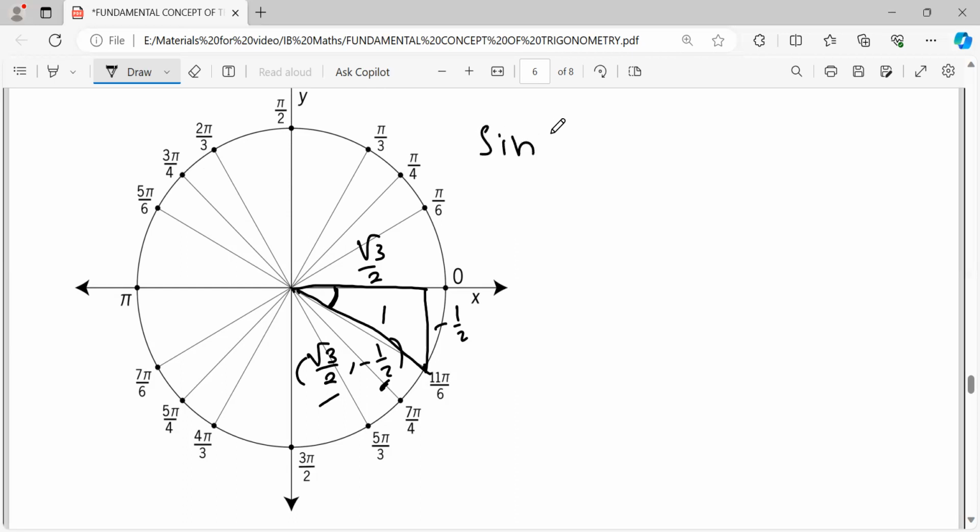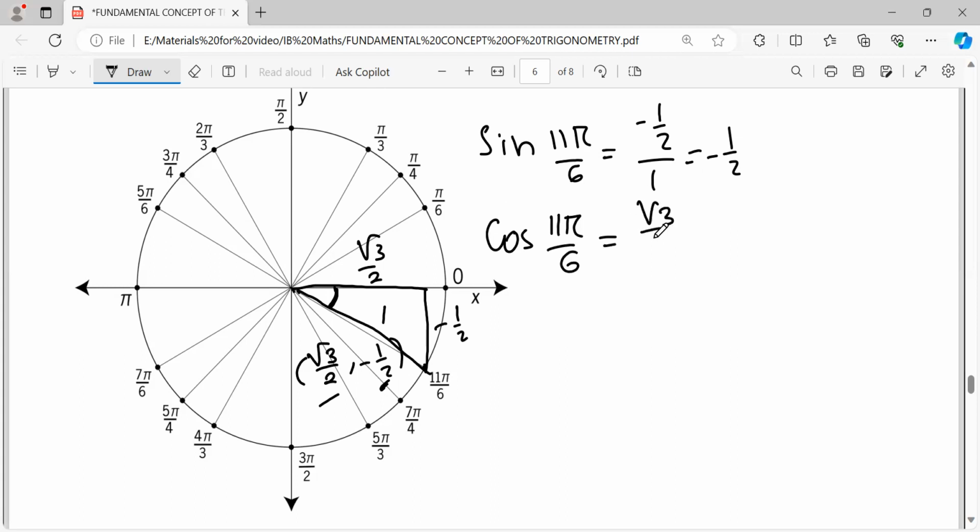Next, sine 11 pi over 6 equals negative half over 1, which equals negative half. Cosine 11 pi over 6 equals square root 3 over 2 over 1, which equals square root 3 over 2.